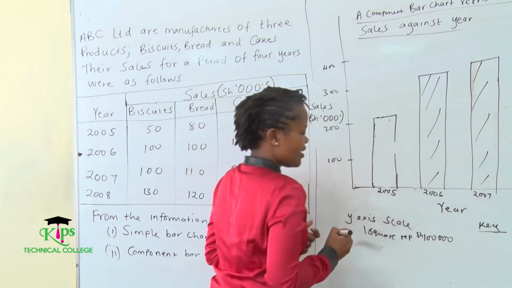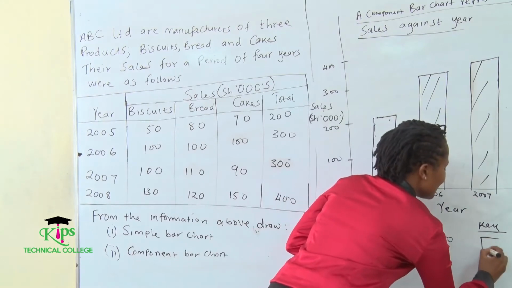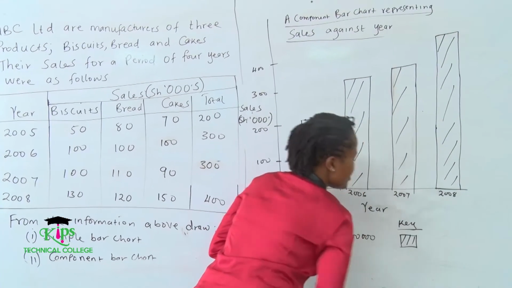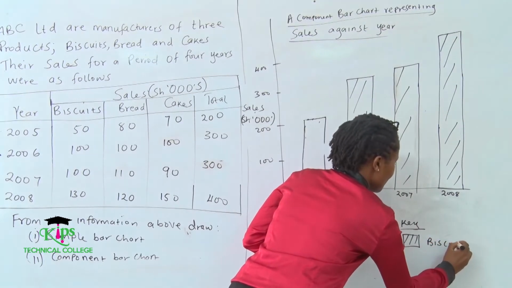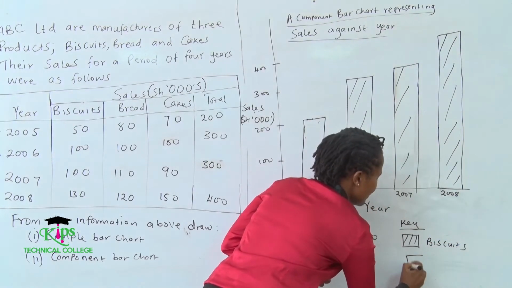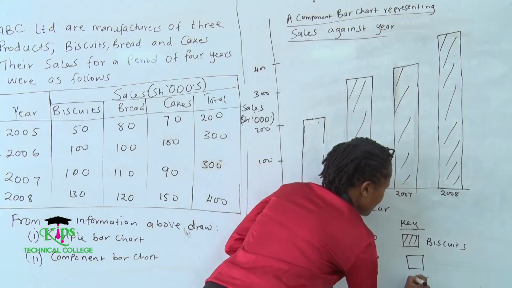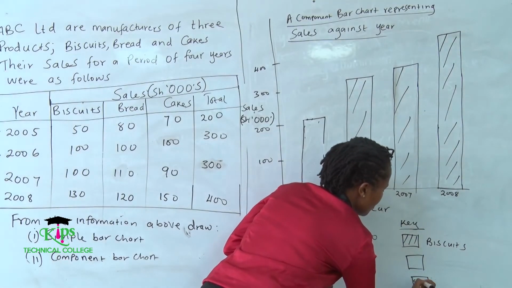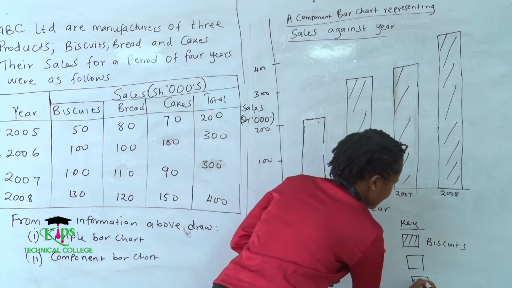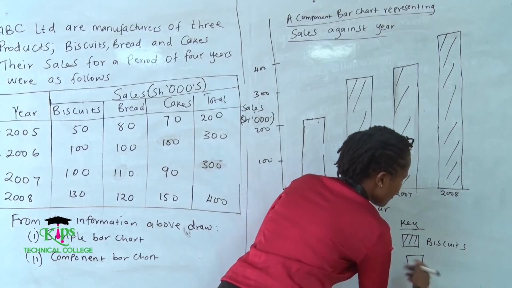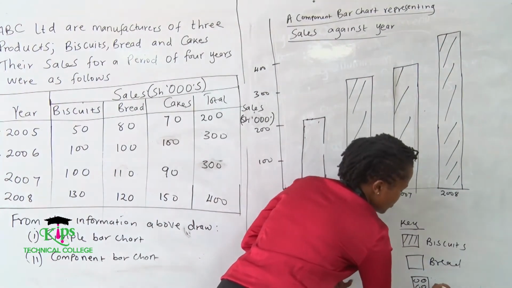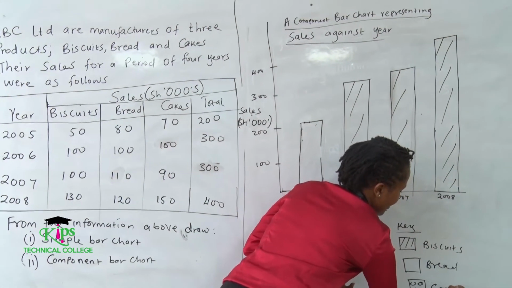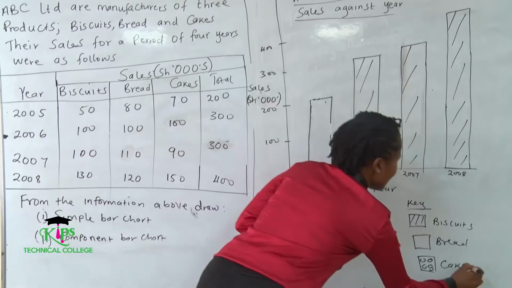For example, I can say these ones will represent biscuit, then we have bread and cakes. For bread it will be empty, then for cake it will be represented like that.